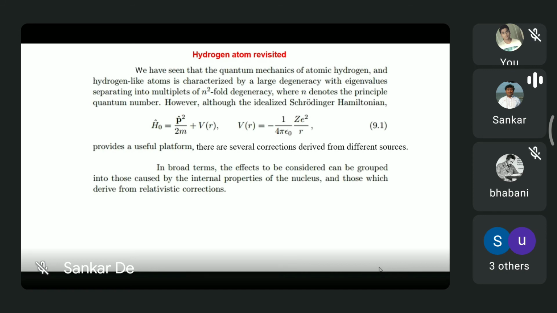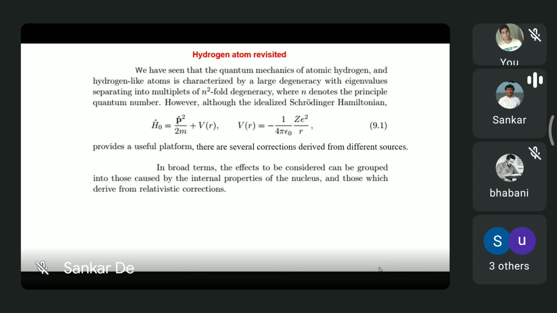Now this gives a useful platform, the gross or basic spectrum, but there have to be several corrections added to that, which we studied in the last lecture. The main sources are the relativistic correction to kinetic energy and the spin-orbit coupling.